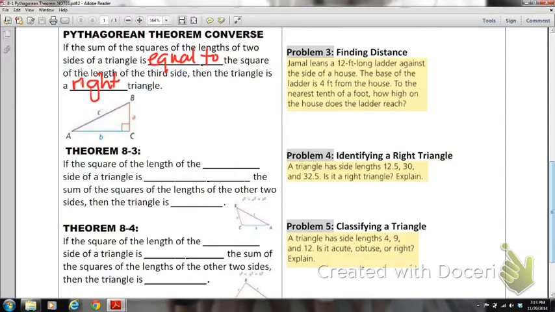So in this triangle that's pictured here, if c squared is equal to a squared plus b squared, then you can say that triangle ABC is a right triangle.